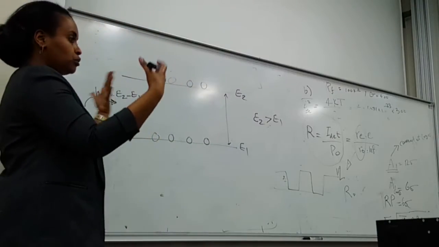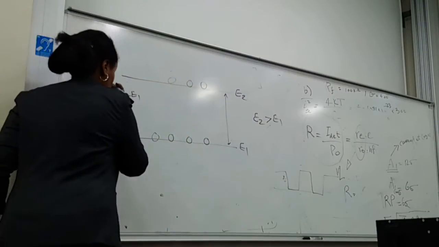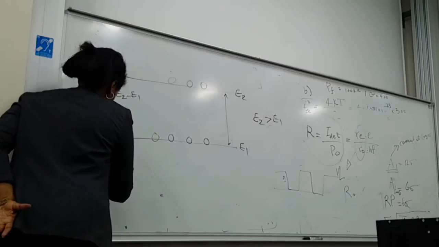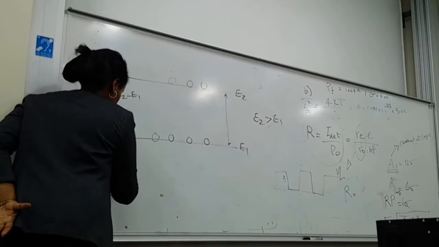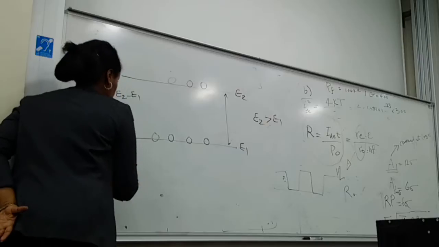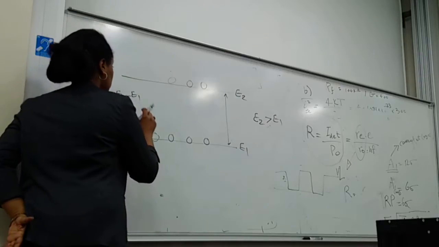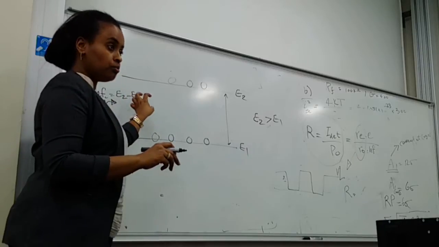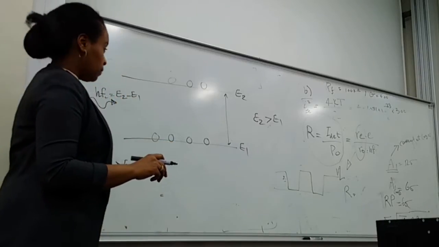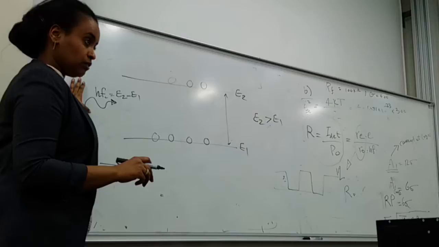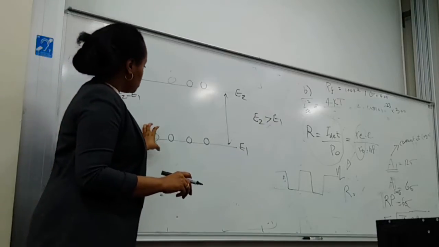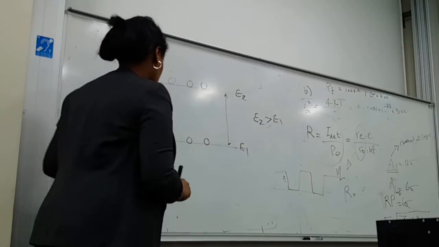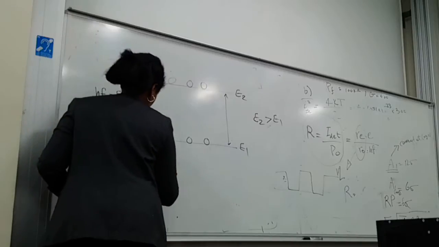Transitions can happen in the two directions. From E1 to E2, in this case the atom will absorb a photon of the incident electromagnetic field to be able to go to the higher energy level.